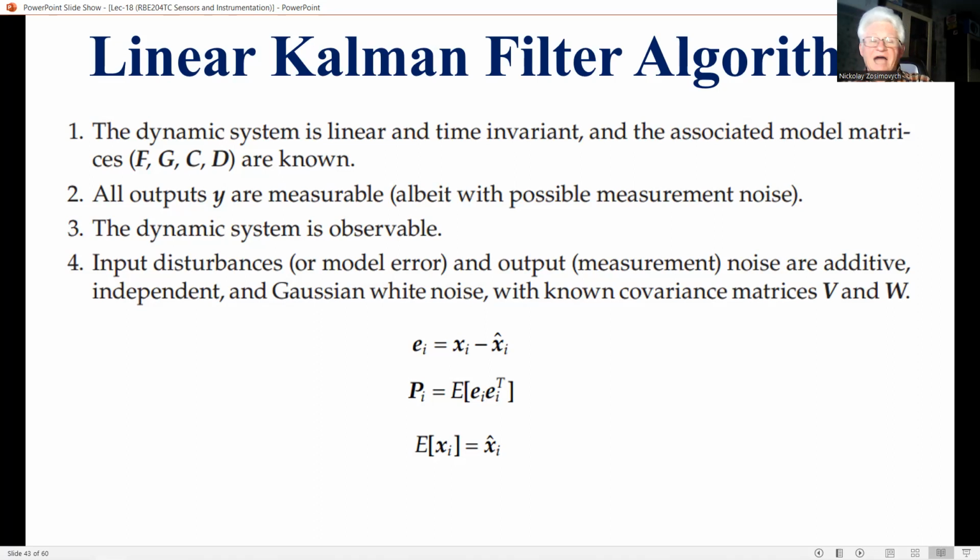Specifically, at time step i, suppose that the actual state vector is x sub i, and its estimated value is x hat sub i. The associated estimation error, as you may see from these first equations here, e sub i is equal to x sub i minus x hat sub i.